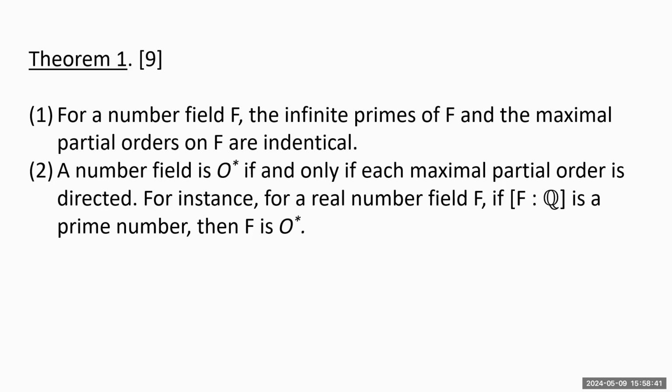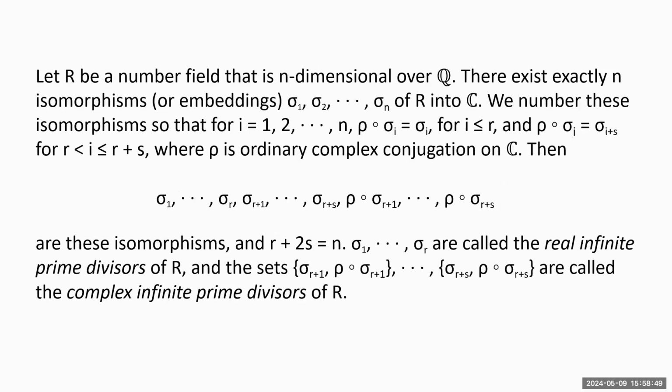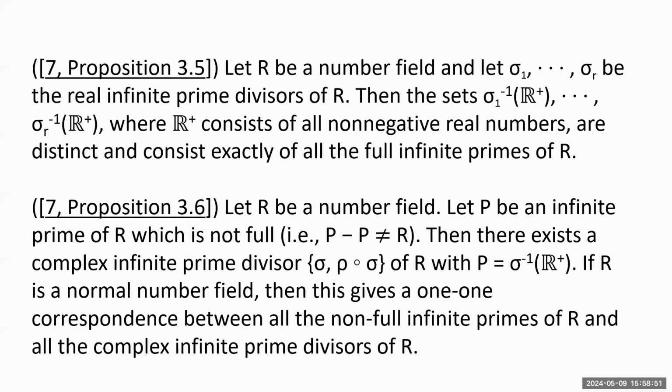For the other direction, if you have a partial order contained in a maximal partial order, is it directed? Then if we use Harrison's result 3.5, we know this full infinite prime must be a total order.